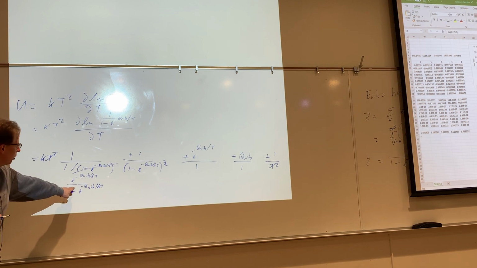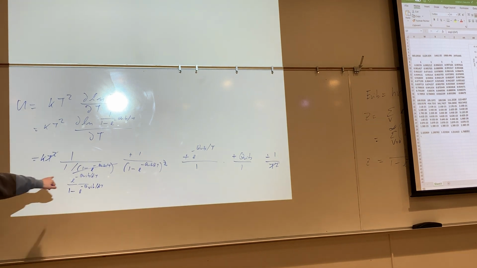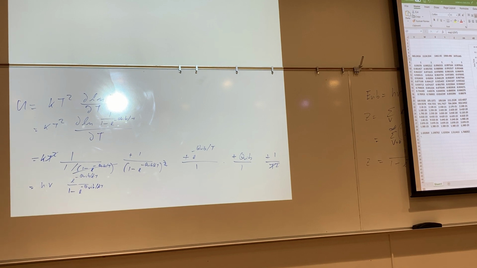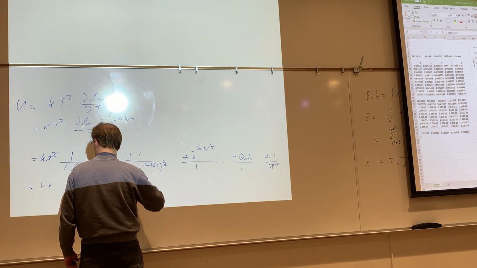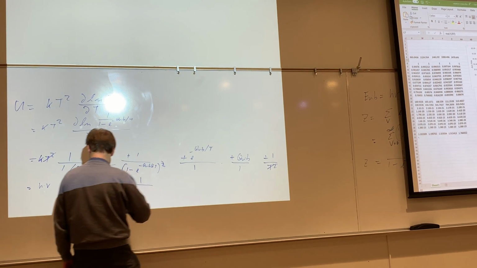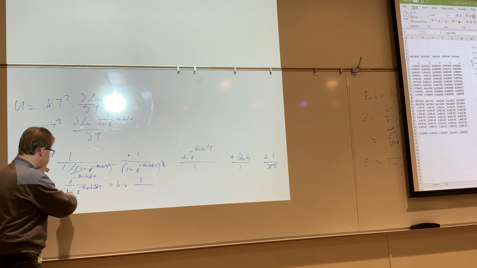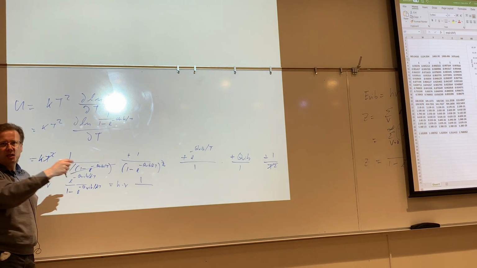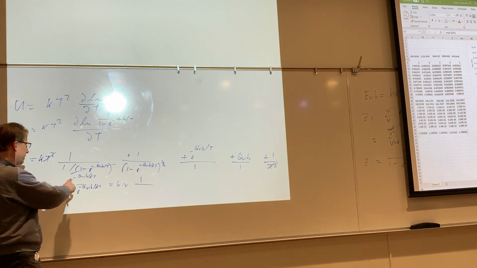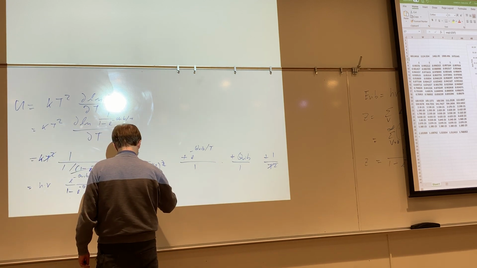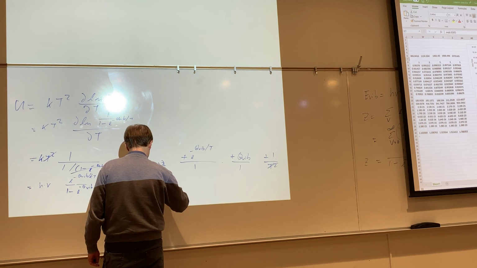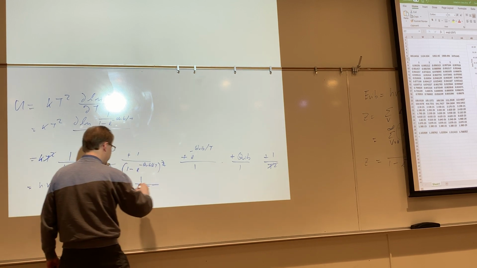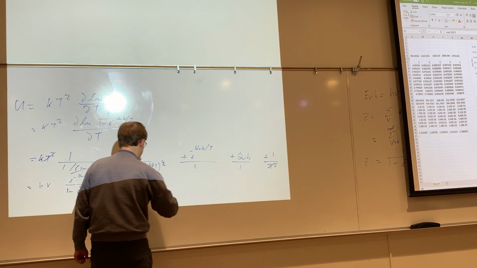Now, this formula over here, we have the same e function here and here. So it's actually more convenient to divide by that e function, and we see that it is h times nu times 1 over. And now this one divided by that one, dividing by an exponential just changes the sign in the exponent, so that is e to the power of theta over kT, and then this one here goes away, minus 1.